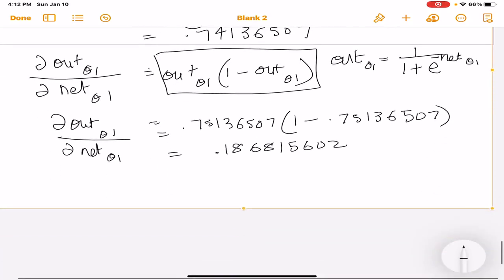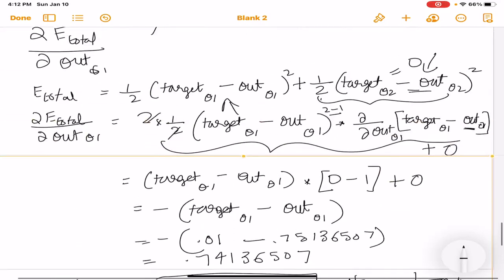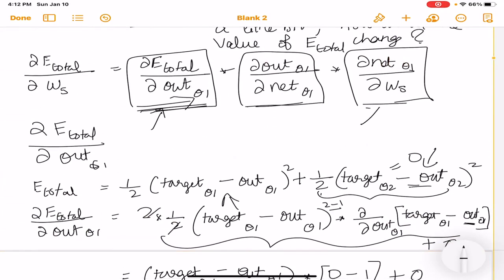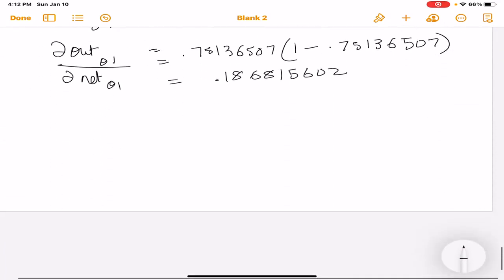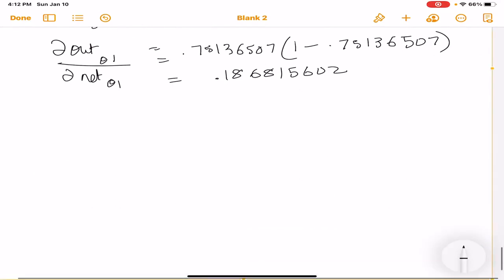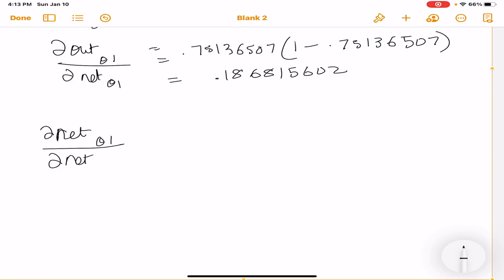So that is also done. And then the final piece in this equation is dou net O1 by dou W5. So we need to next find out what is dou net of O1 divided by dou W5.